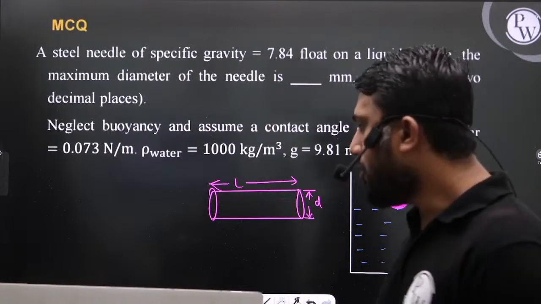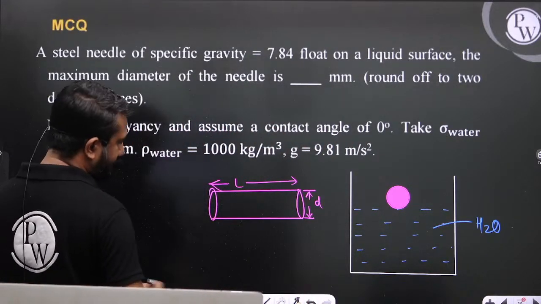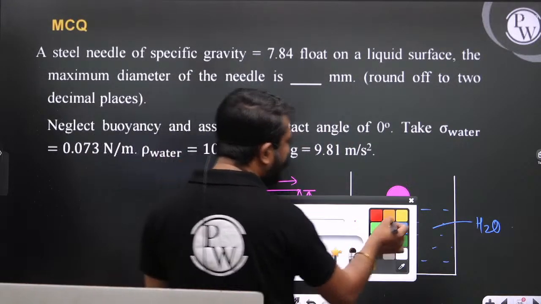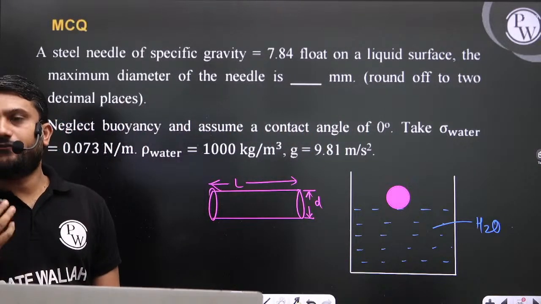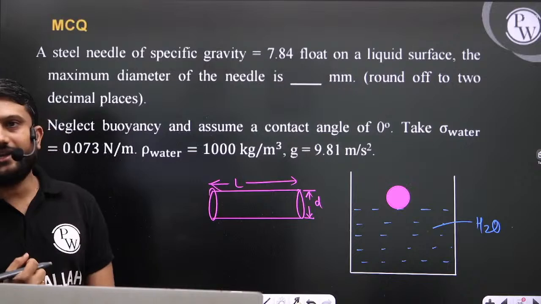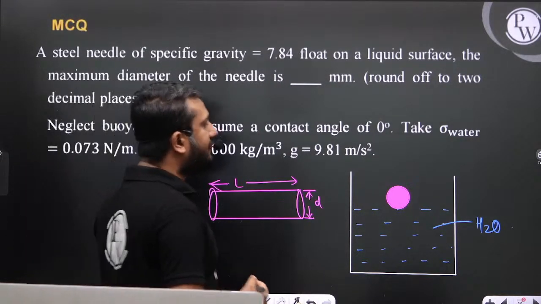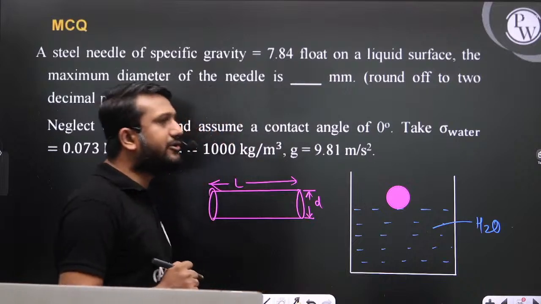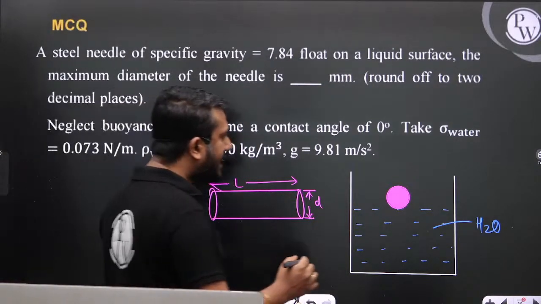Fine. Now, if you draw the free body diagram of the needle, can you tell me the forces which are acting on this needle? So first is the weight. Obviously weight.